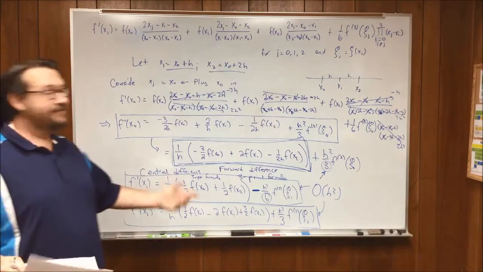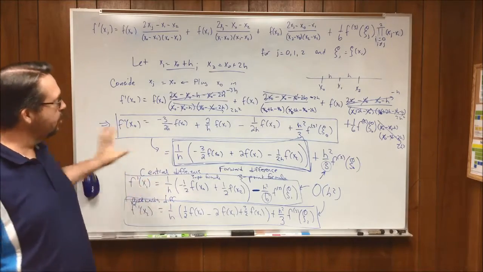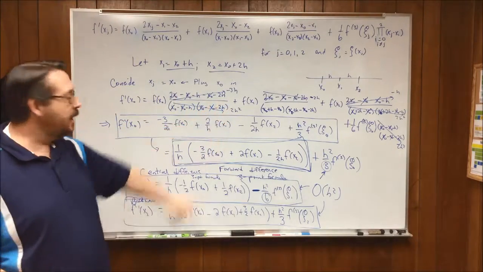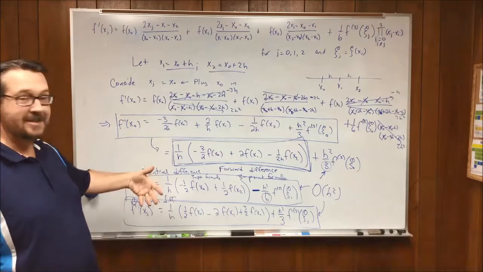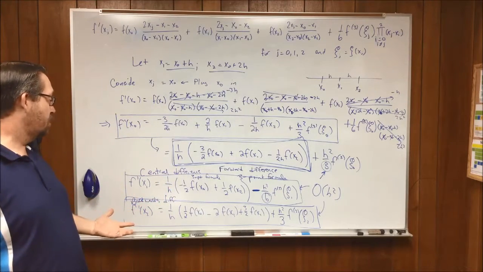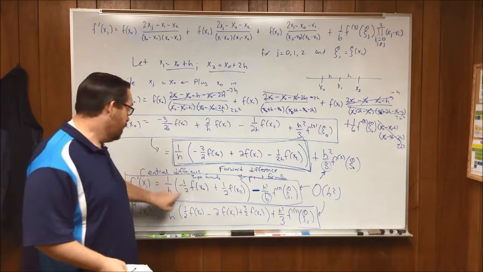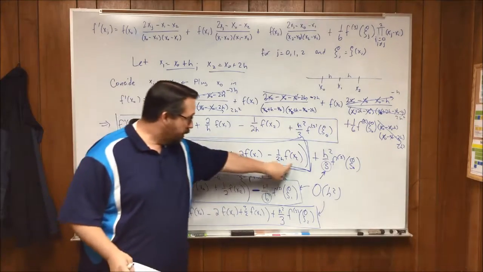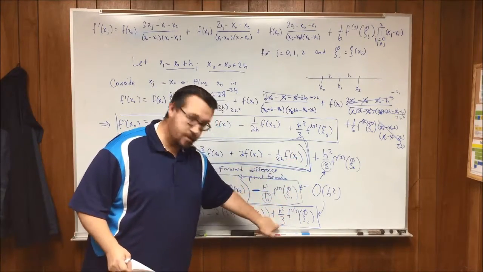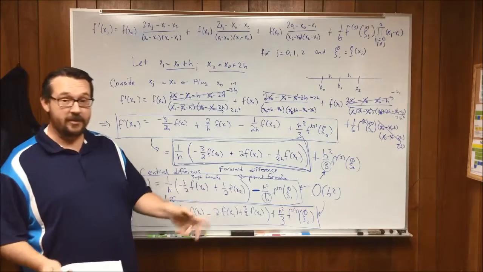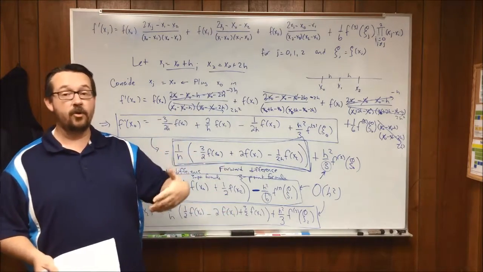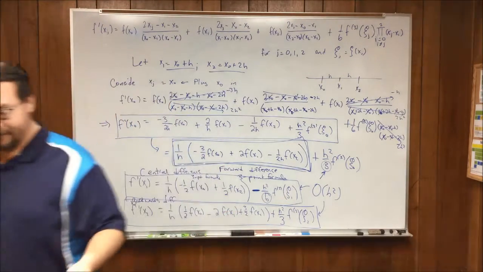Okay, so there you go. I'm going to do one more board worth of work and then I'll be done. I want to use these formulas as an example so you can see how they actually work in practice. But you've got now 3 new formulas that are much more accurate in terms of converging to the derivative. We want to approximate the derivative when we don't know the formula for the function f.